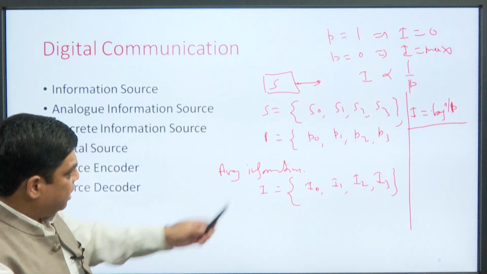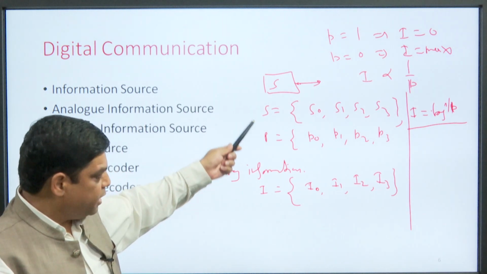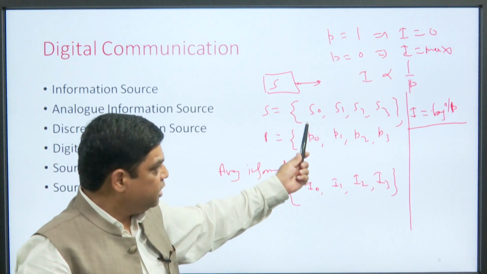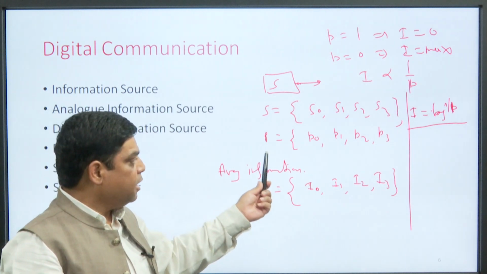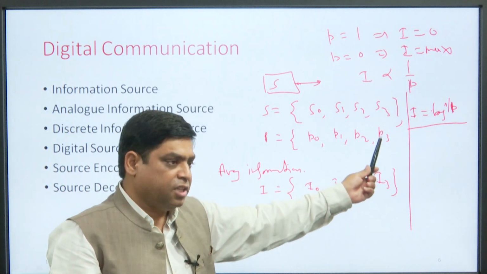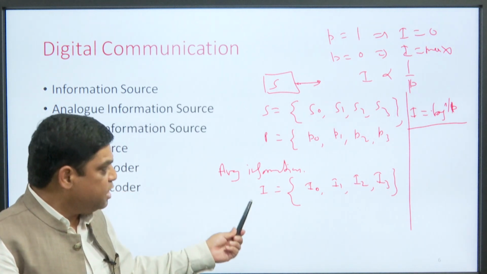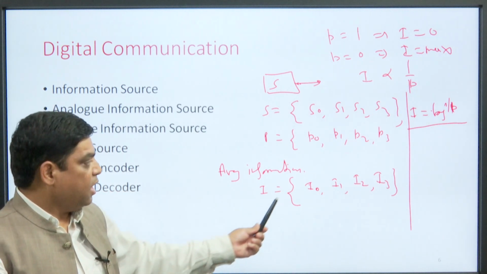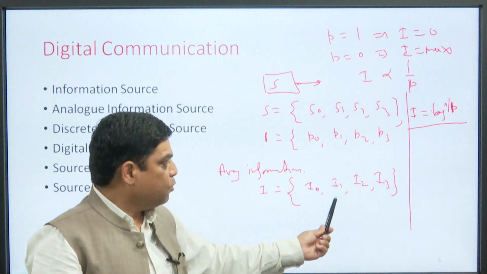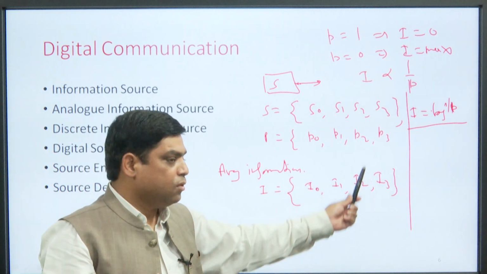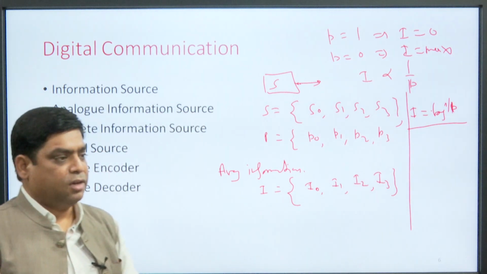Now, in the last example, the source S has outcomes S0, S1, S2, S3 with probabilities P0, P1, P2, P3. Then average information can be calculated. I0 is log of 1 upon P0, log of 1 upon P1, log of 1 upon P2, log of 1 upon P3, and so on.